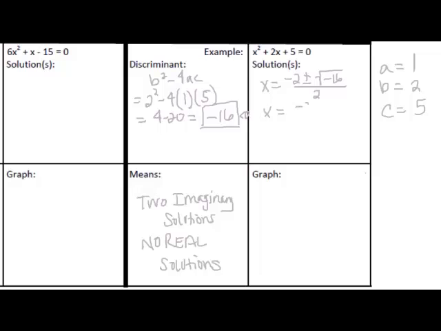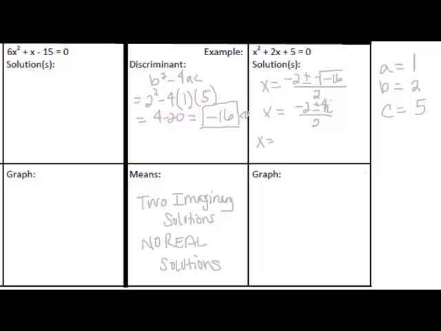If we simplify, we get negative 2 plus or minus. We know that the square root of negative 16 is the square root of negative 1, which is i, and the square root of 16 is 4, so this is 4i. Again, it's all over 2. Now we can simplify this by splitting it apart.